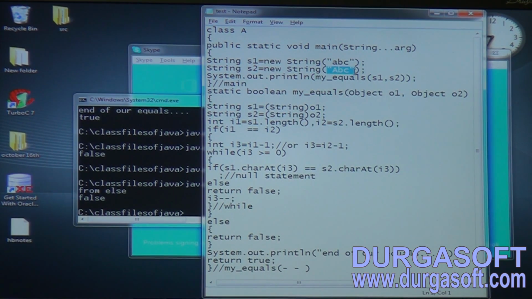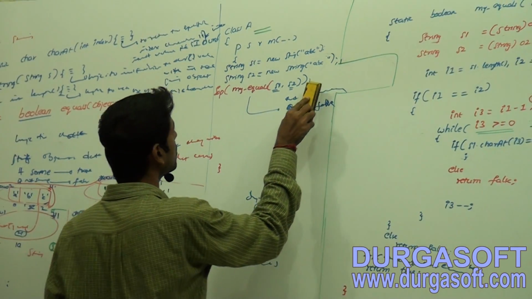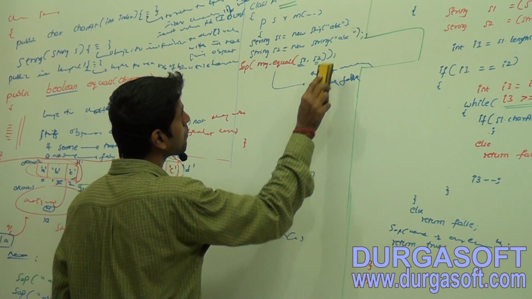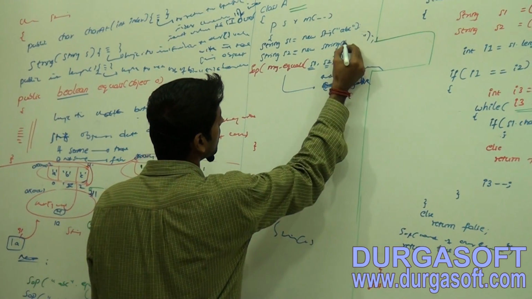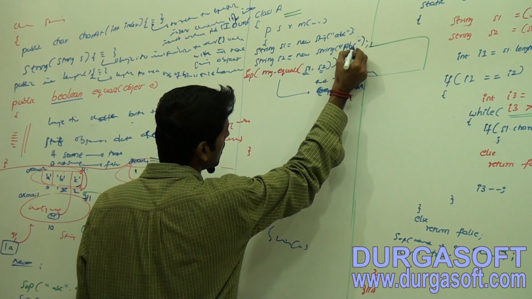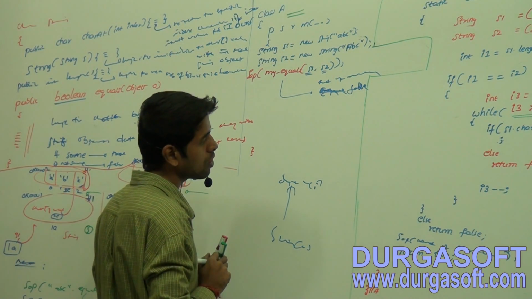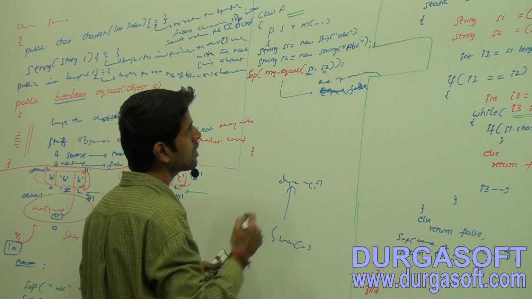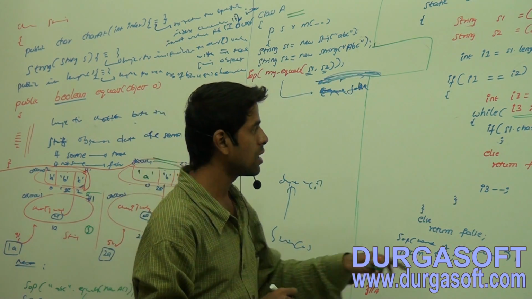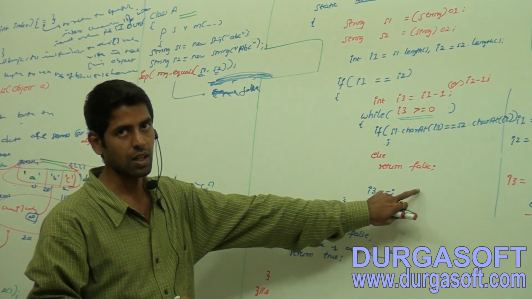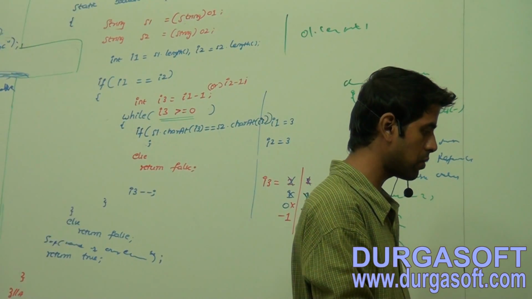Observe here, let me put this one as ABC only, no issues, but let me make this one capital A, capital A B C. Once again it should return just false. Why? Because it will return false from this statement.